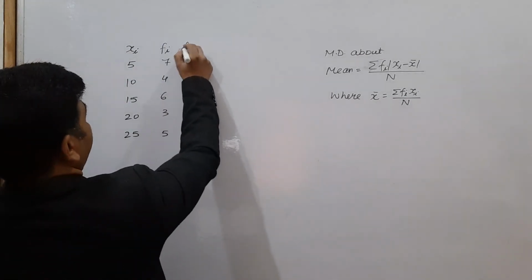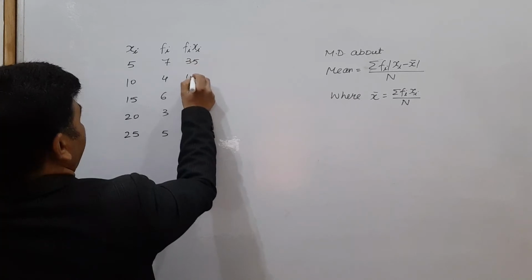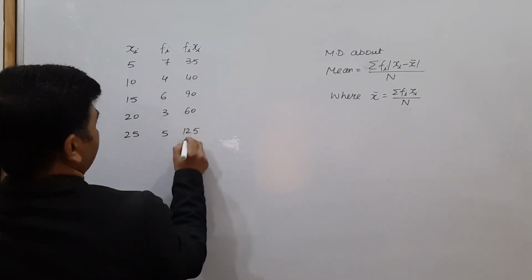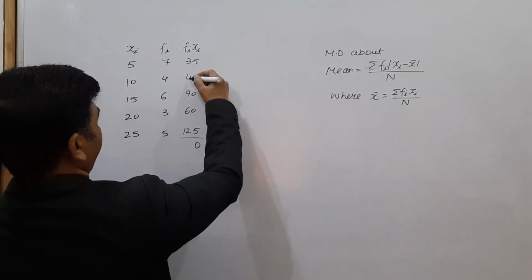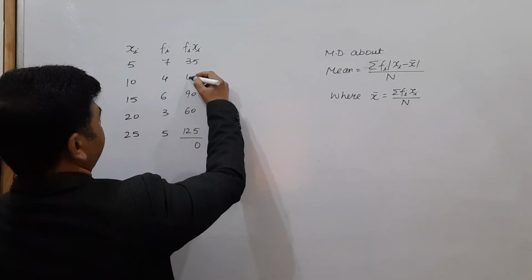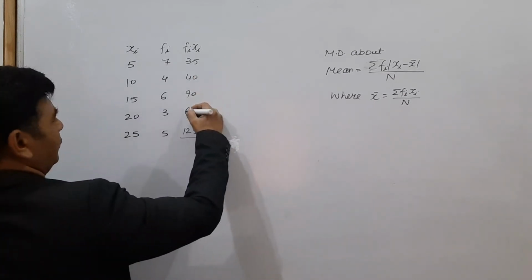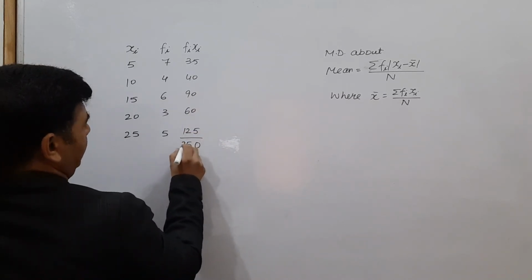So first of all, let me find the value of fi xi. This is given by 35, 40, 90, 60, 125. Just do the sum of all the terms: 35 plus 40 and so on, this is 350.